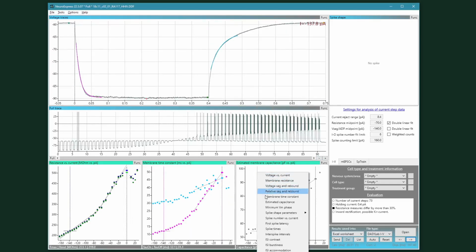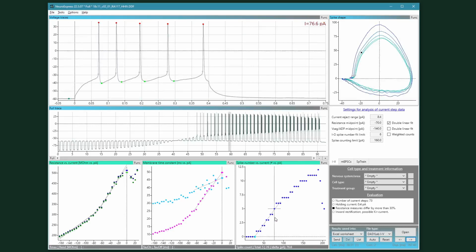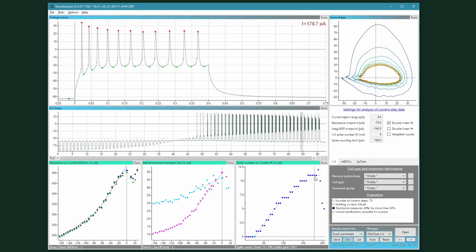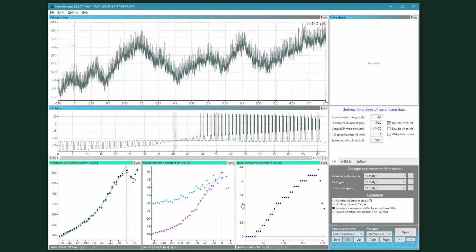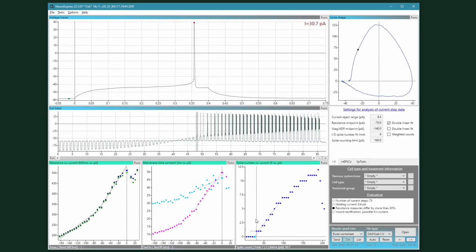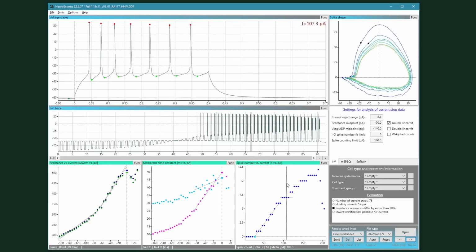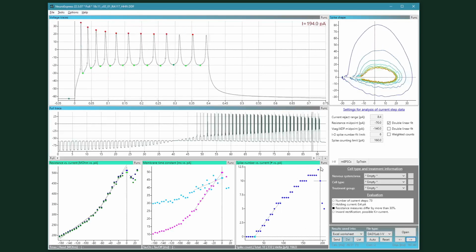What else can we show here? Of course, the program will also analyze the input-output curve of the cell. In this case, the neuron started firing around 30 picoamp. Yes, 30.7 picoamp with a single action potential, and then the number of action potentials rose.